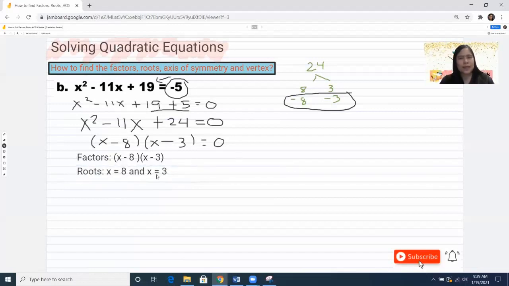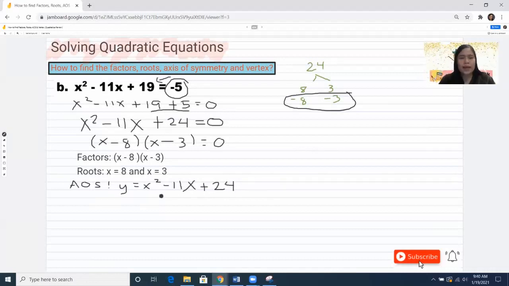Then we're going to look for the axis of symmetry. Very easy because it is already written in the standard form. To find the axis of symmetry, or the AOS, that is also the x value. So we have y is equal to x squared minus 11x plus 24.